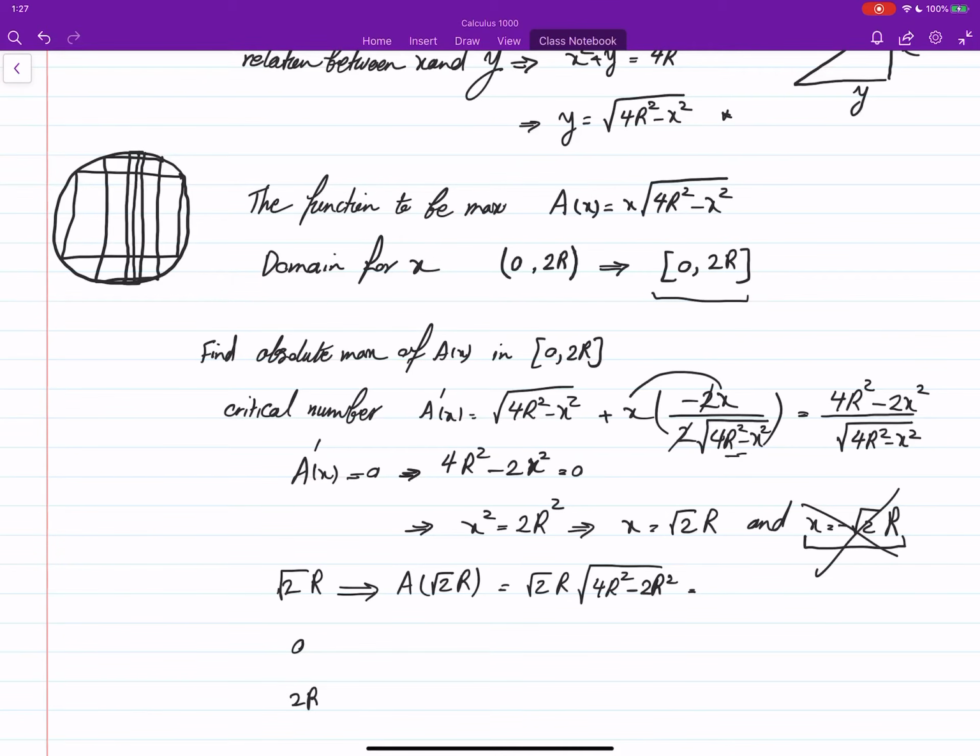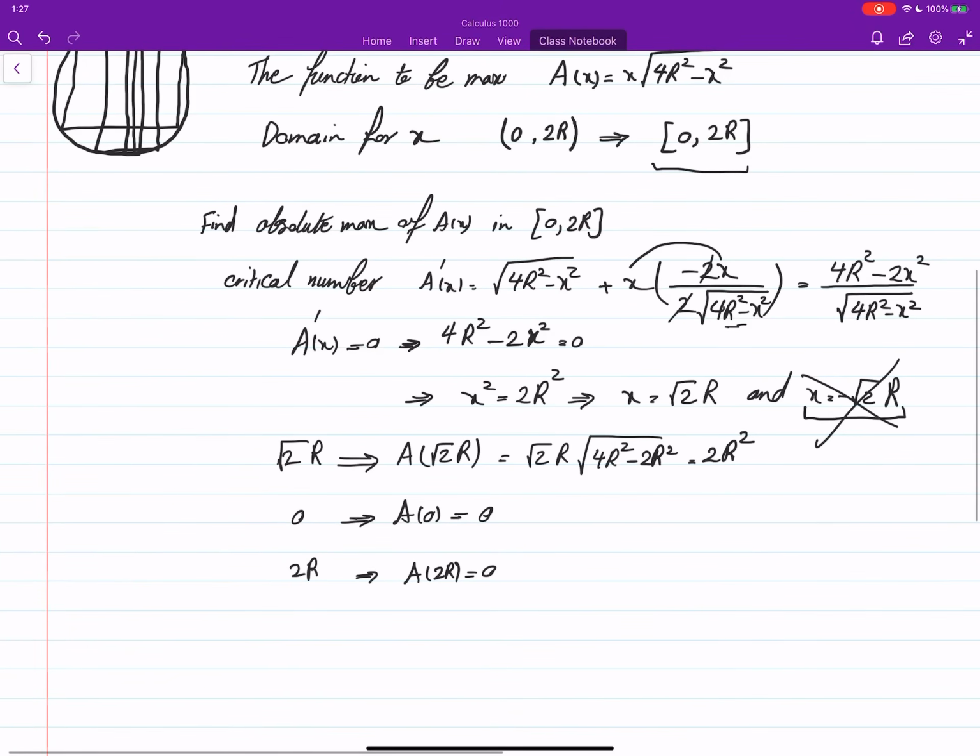And that will give us root 2 r times root 2 r, which is 2r squared. A at 0 is, well, 0. And A at 2r is 0. We have 3 values, and the absolute max will be the one which has the highest value.